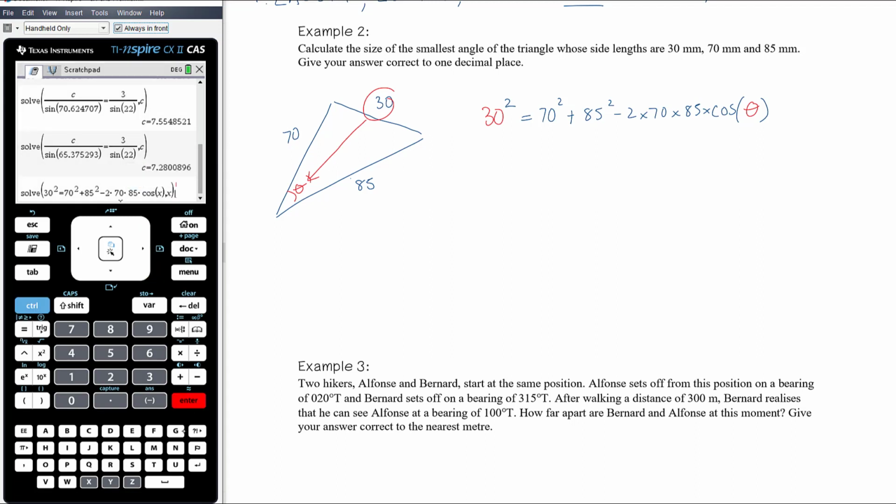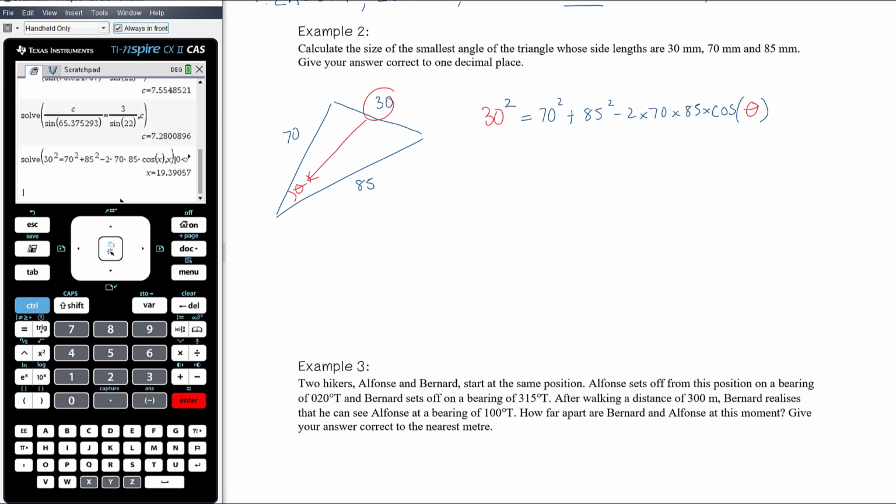So given that we don't have any other angles, we only know that the angle has to be somewhere between 0 and 180. Control Enter. And we find that theta, the smallest angle, is approximately 19.4 degrees.